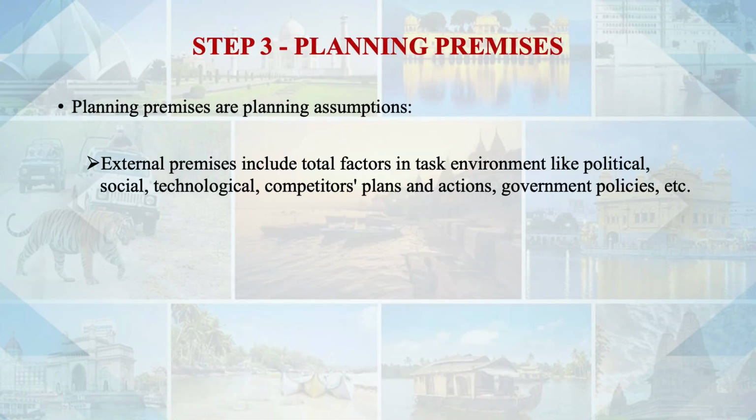One is the external factors, which we also call the external premises, and number 2 pertains to the internal factors. When we talk of the external premises, this includes total factors in the task environment, which means under what environment the organization is actually operating.